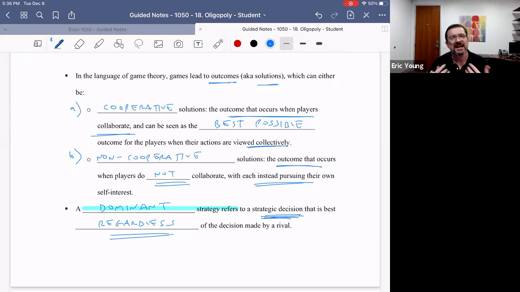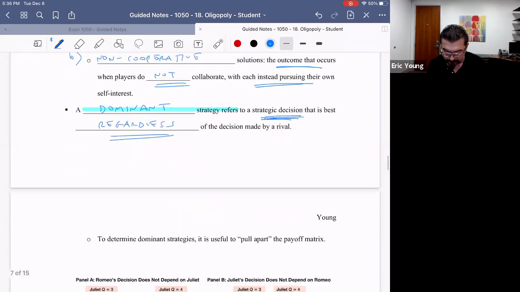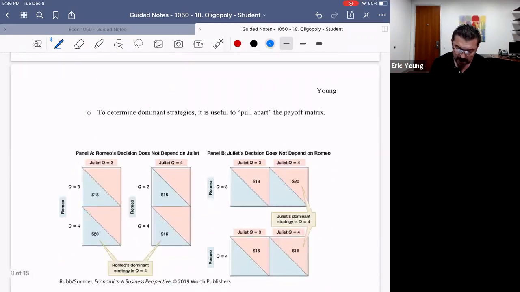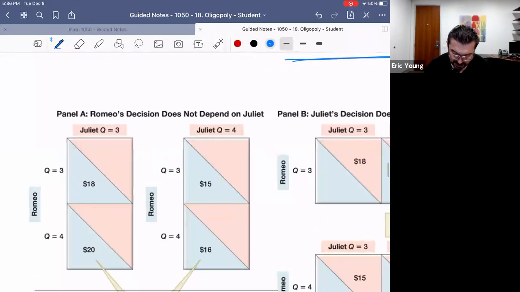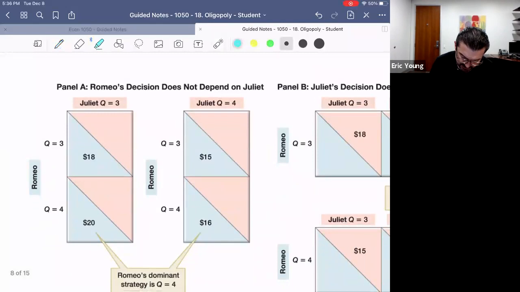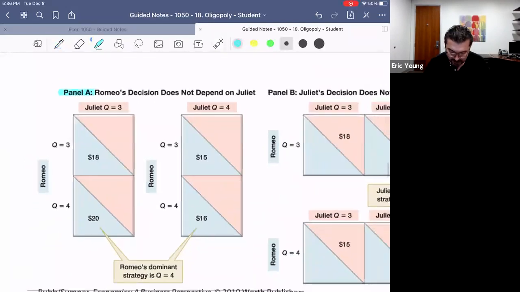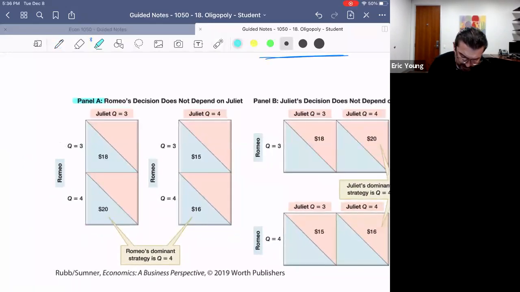Now, let's first dissect it, and then let's understand the power of it, because the dominant strategy thing is really what makes or breaks the cartels that we talked about in the last video. In order to determine dominant strategy, the easiest way is to take the matrix and pull it apart. Okay, so let's start right here in panel A. Let's dissect this, panel A. In panel A, here's what we're looking at.